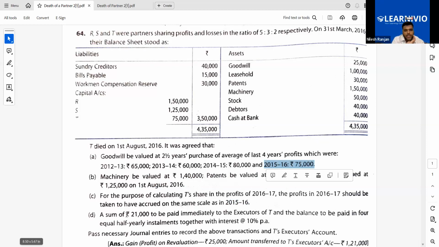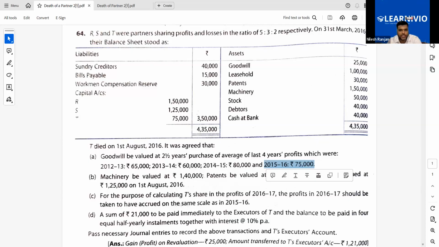A sum of 21,000 to be paid immediately to the executor of T and the balance to be paid in 4 equal half yearly installments together with interest at 10% per annum. So we have to prepare capital account of T only.